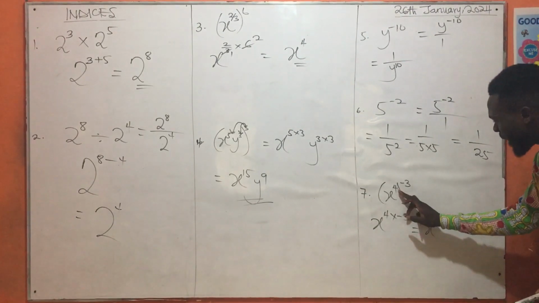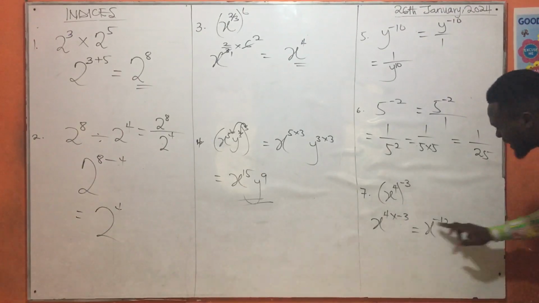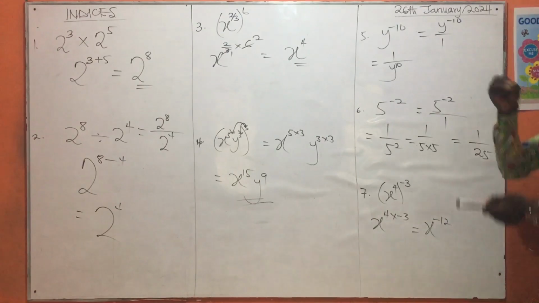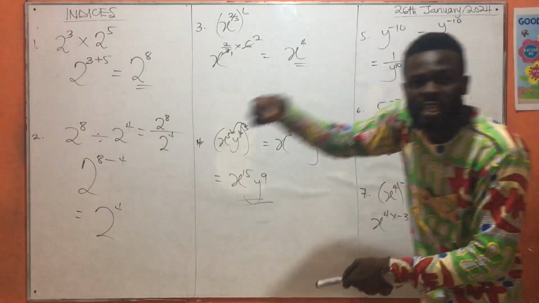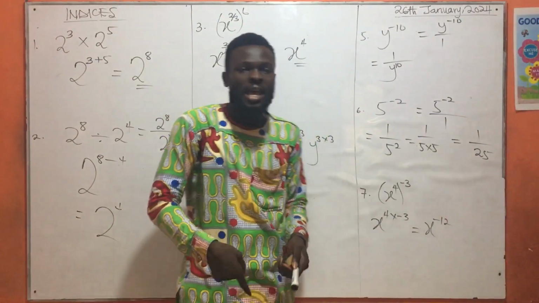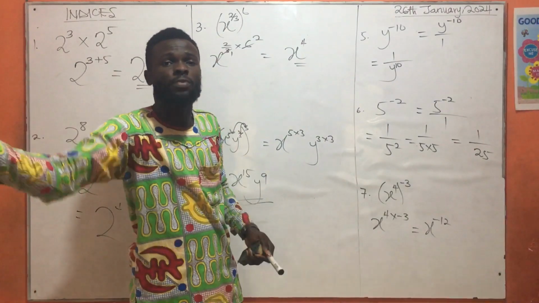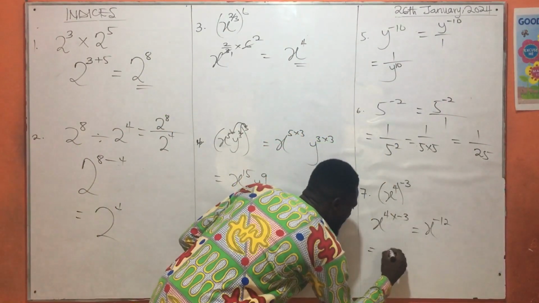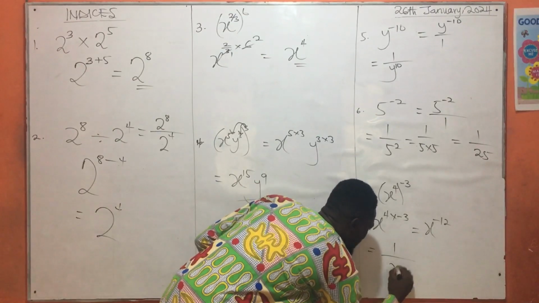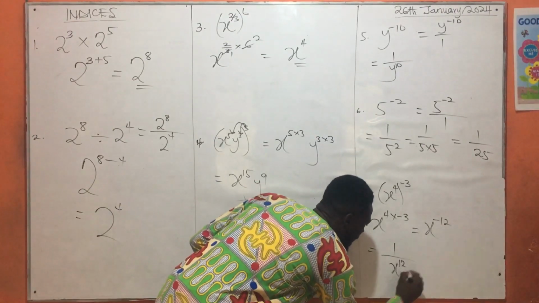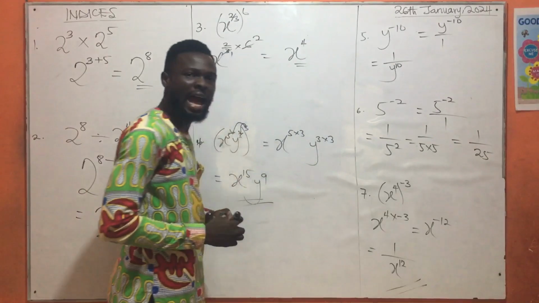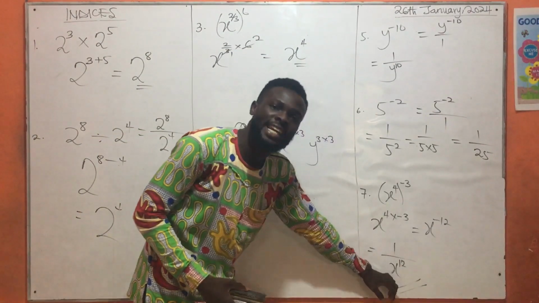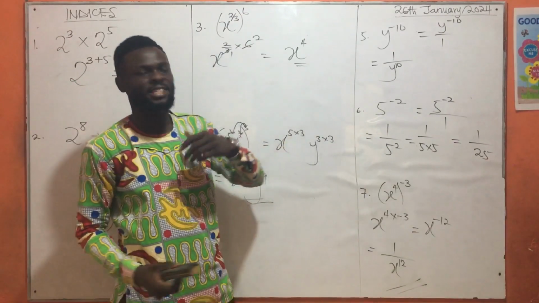If you multiply these two, you are getting negative 12. We were told that when a power is negative, reciprocate the base so that you can get rid of the negative. So if I reciprocate this, I'm going to get 1 over x raised to the power 12 as my answer, so that I can get rid of the what? Of the negative.